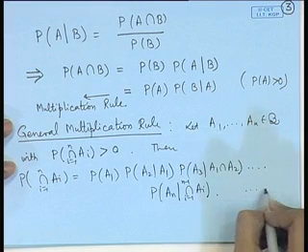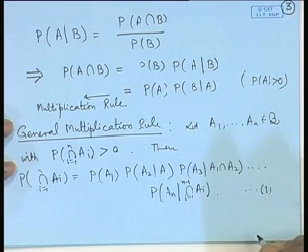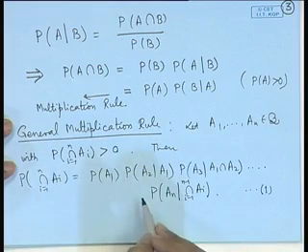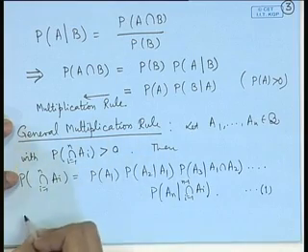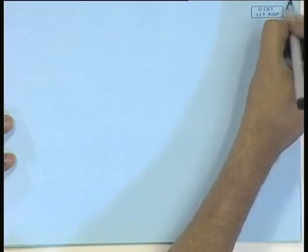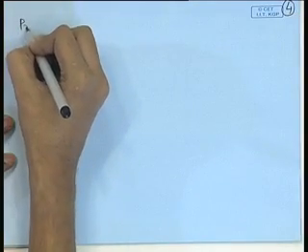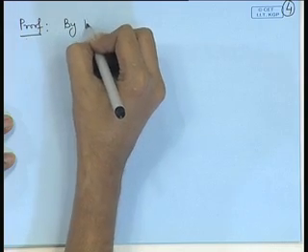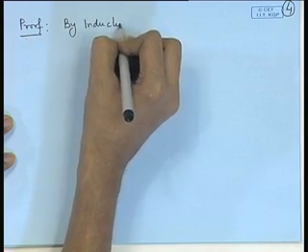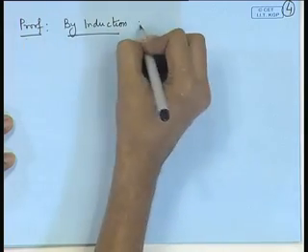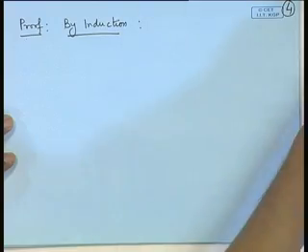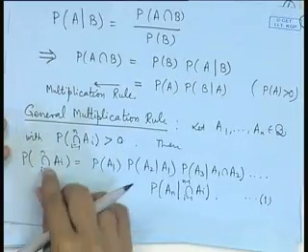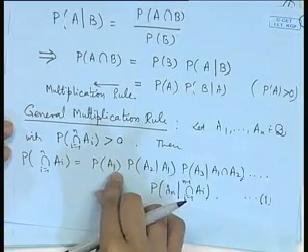Let me give this statement number 1. In order to prove this one, we can follow induction. So, by induction, for n equal to 1, the statement reduces to simply probability of A1 equal to probability of A1, which is trivially true.